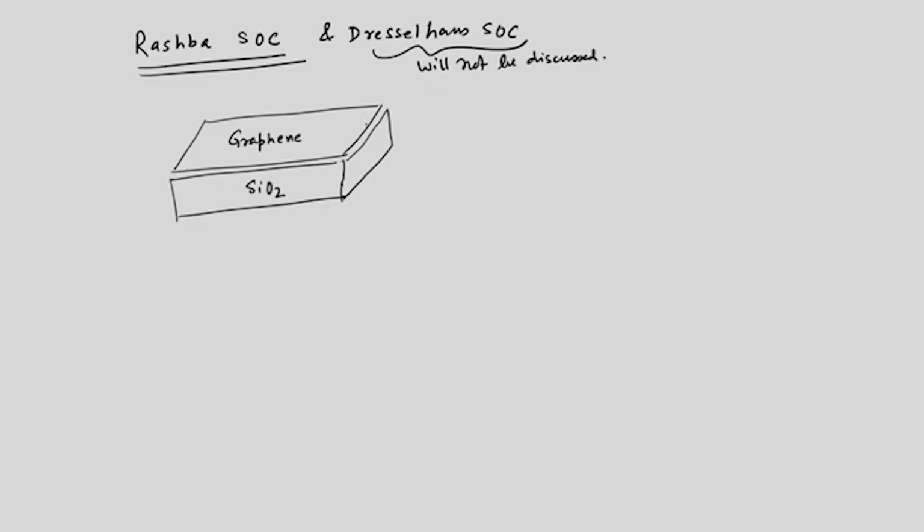Now, there is of course surface inversion symmetry being lost. What I mean by surface inversion symmetry is the following: below the graphene layer there is a SiO2 matrix or the substrate, and above it is air, or say vacuum.